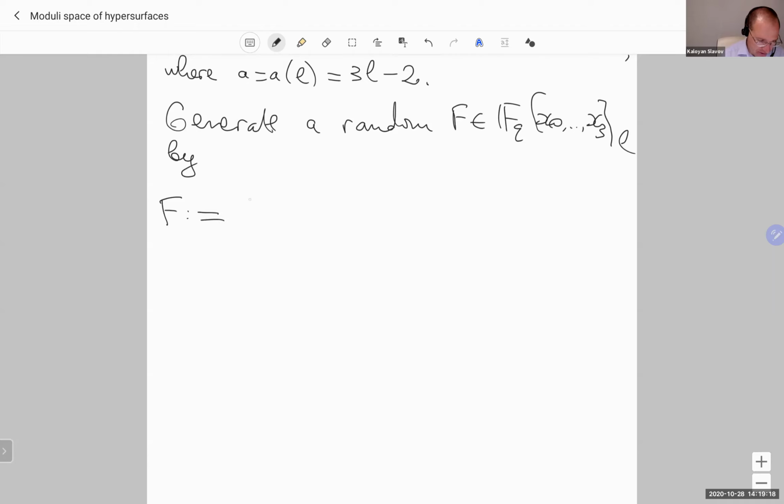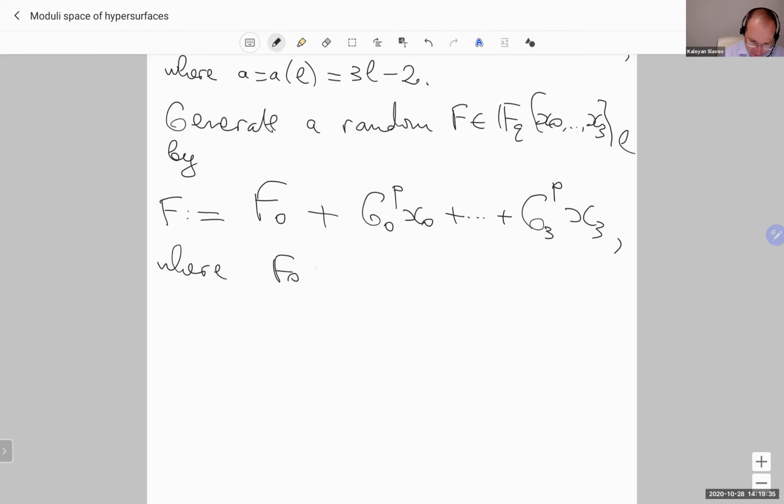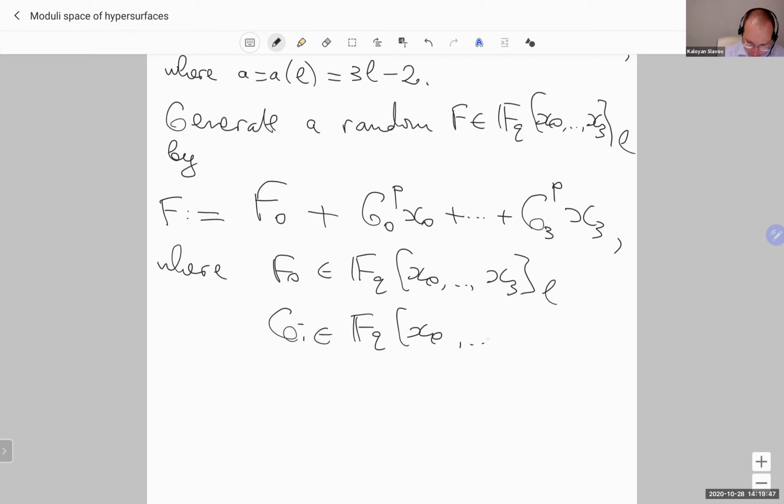Write f as f0, a polynomial, plus g0 to the pth power times x0, plus and so on, plus g3 to the pth power times x3, where f0 is in Fq[x0, ..., x3], homogeneous of degree L, and each gi is in Fq[x0, ..., x3], homogeneous of degree L minus 1 divided by p. Let's call it tau. Tau is equal to L minus 1 divided by p. That's why we assumed L is congruent to 1 modulo p.